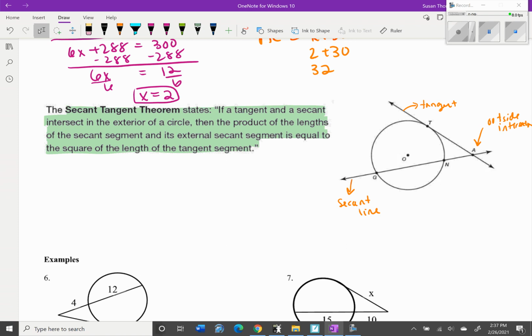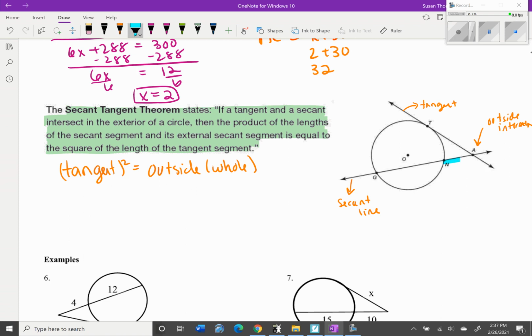So the square of the tangent segment, so tangent squared is equal to the product of the outside, the external segment, times the whole, just like the one we did. So the outside times the whole.